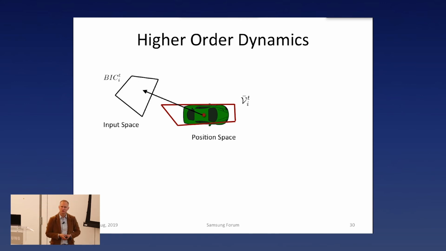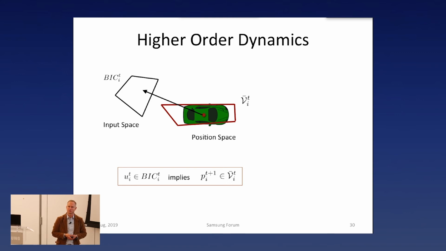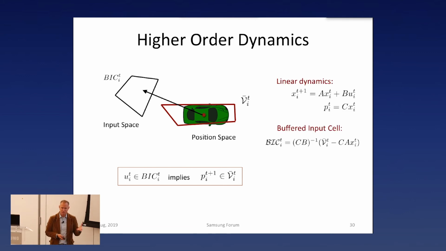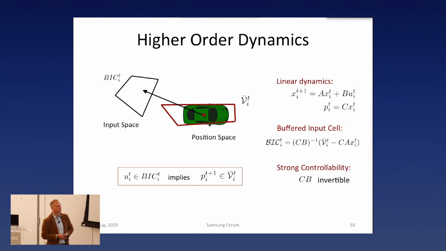So you might wonder now, do all the guarantees hold? In particular, are you always guaranteed to have a non-empty set of safe inputs? And the answer is, long story short, under some assumptions about the dynamics, yes, you're guaranteed to always have a non-empty set of safe inputs. And this relies on a particular property of the dynamics that we call strong controllability.